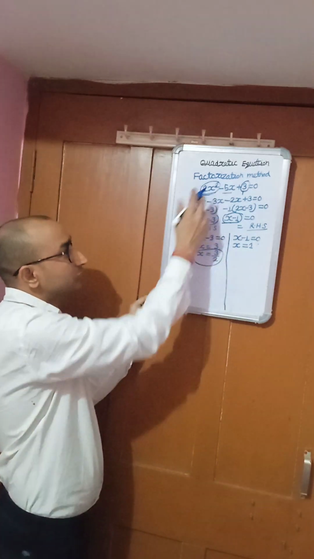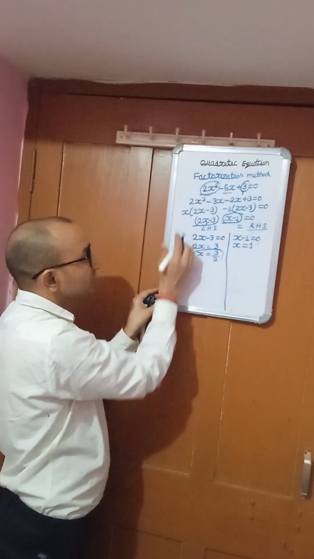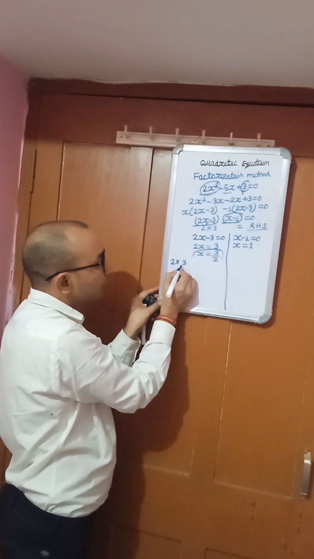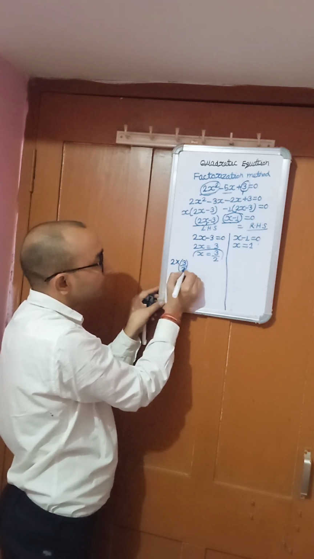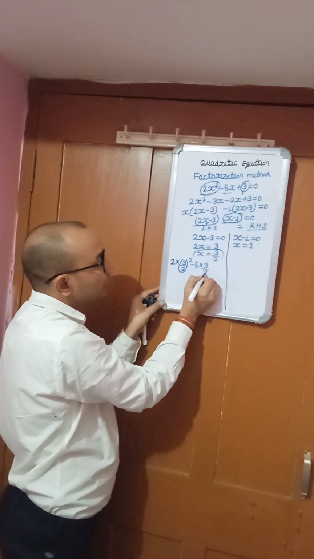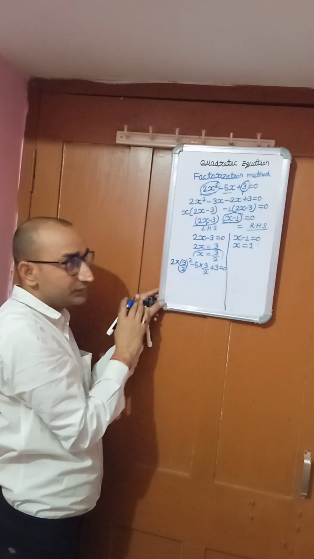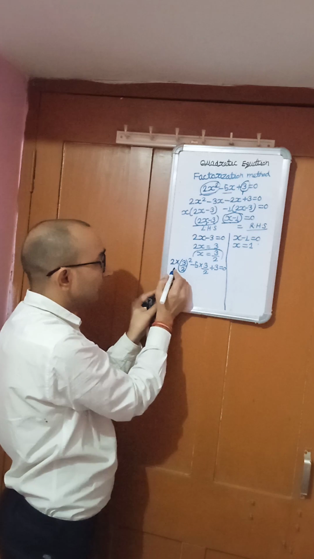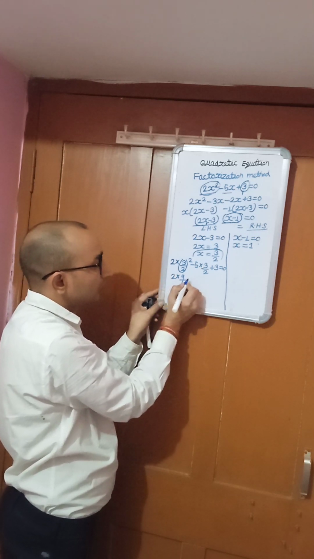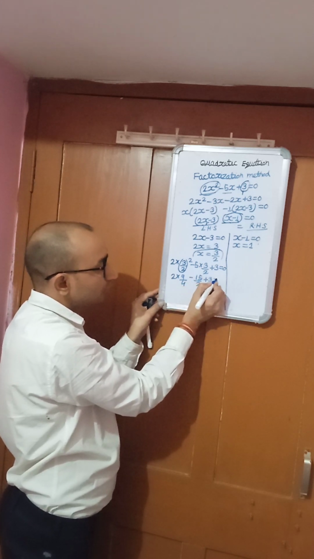If we put x equals to 3 by 2 in this equation, then see what will happen. 2 into 3 by 2 whole square minus 5 into 3 by 2 plus 3 equals to 0. This is RHS. So this becomes 2 into 9 by 4 minus 15 by 2 plus 3 equals to 0.